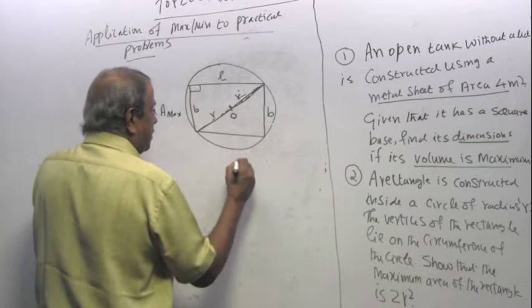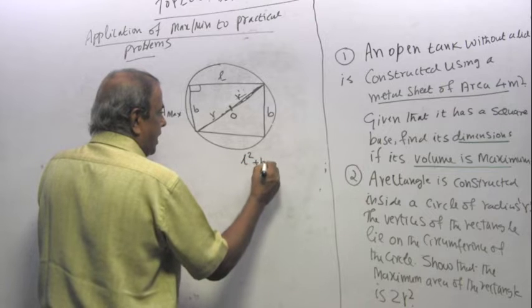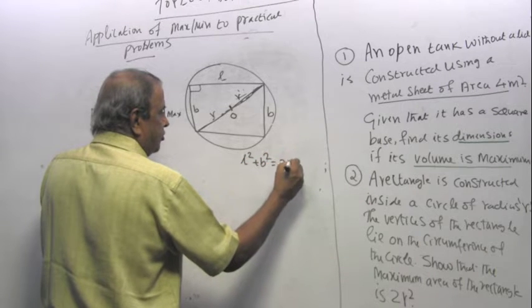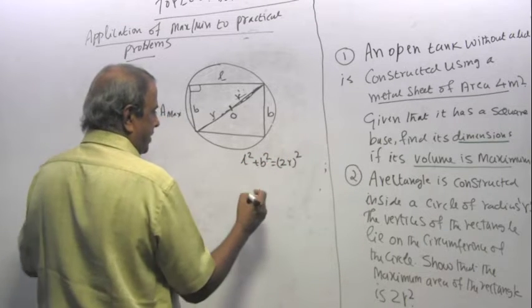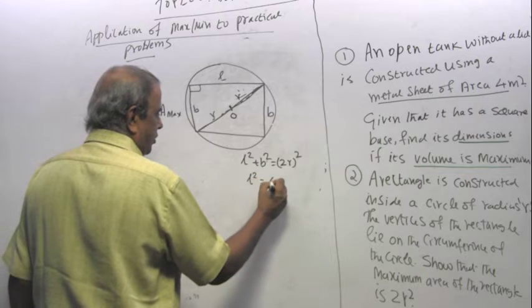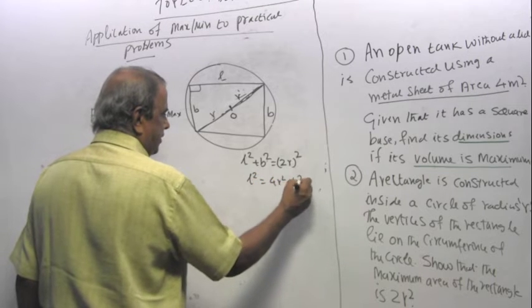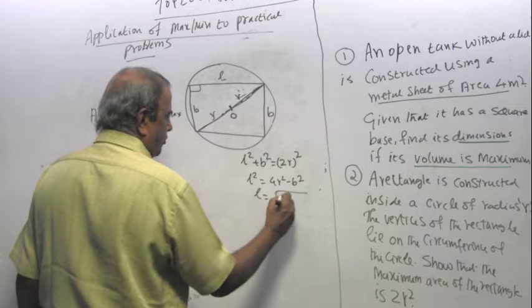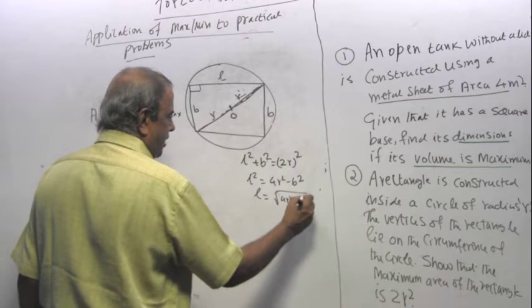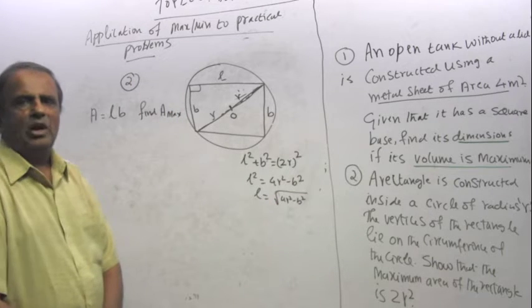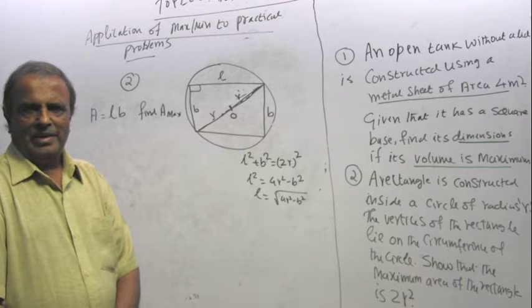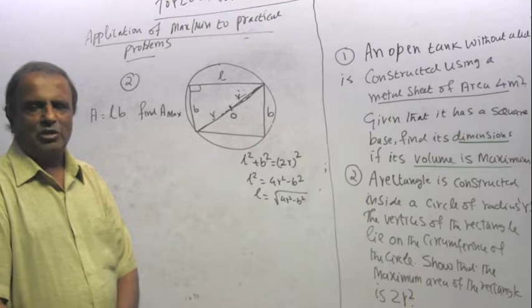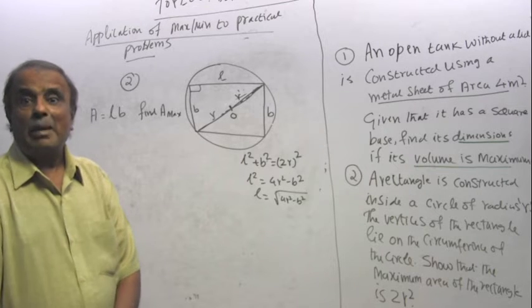Look, Pythagoras says L squared plus B squared is 2r squared. So L squared equal to 4r squared minus B squared. So L equal to square root of 4r squared minus B squared. For heaven's sake, don't write 2r minus B. Please don't write 2r minus B. That is rubbish.